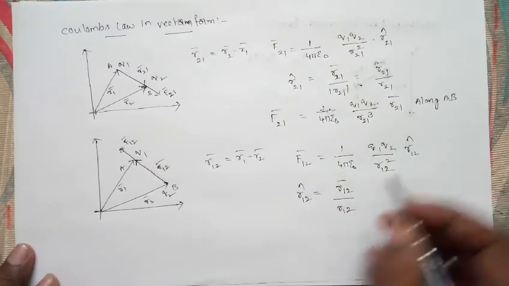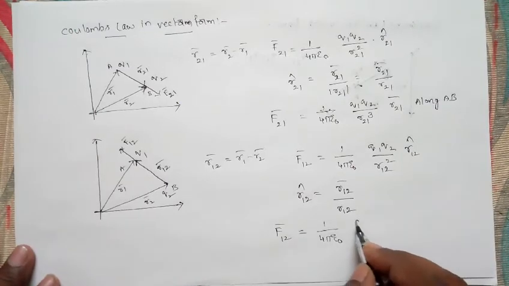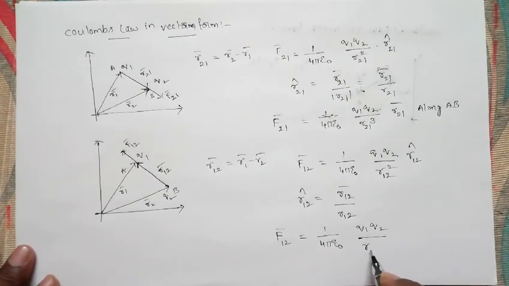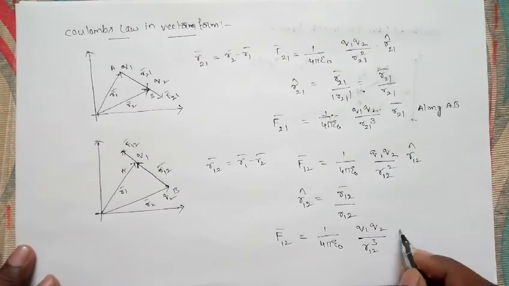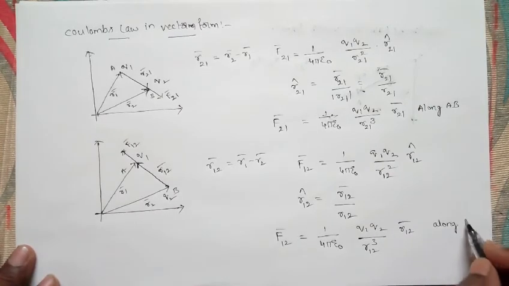Then if you substitute in this, F12 bar is nothing but 1 upon 4 pi epsilon naught into Q1 Q2 by R12 cube into R12 bar. Its direction is along BA.